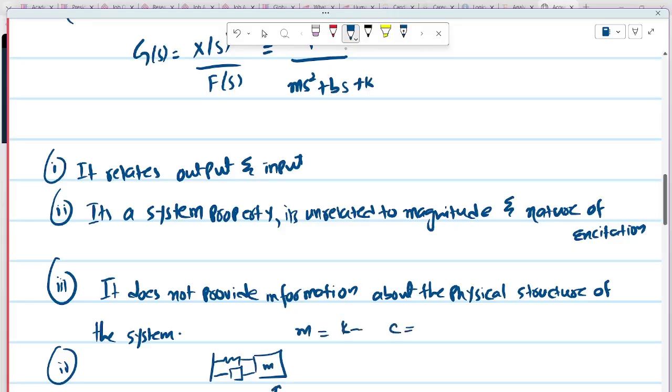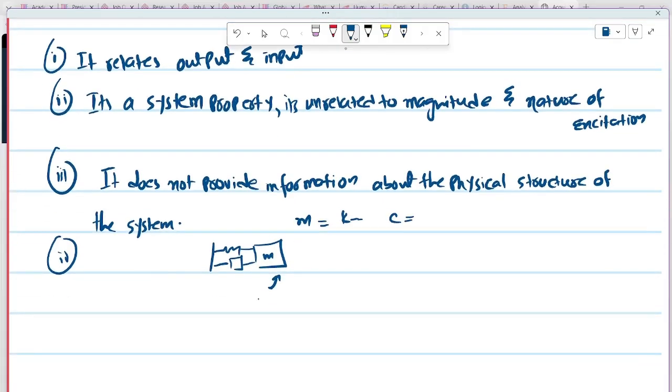Just give any known force, maybe sinusoidal, maybe impulse, or you can say unit impulse force or step force, and then measure its output. So now you know the input, you know the output, you can take out their ratio, and that will be the transfer function of your system. So if you don't know the transfer function of any system, you can determine it experimentally, like this one.